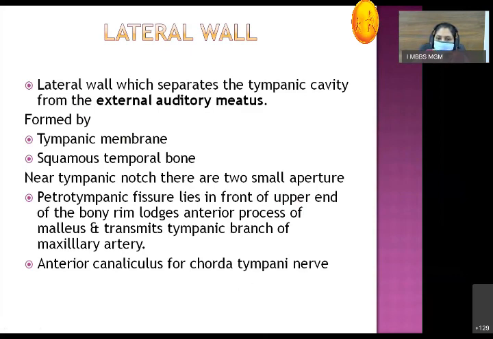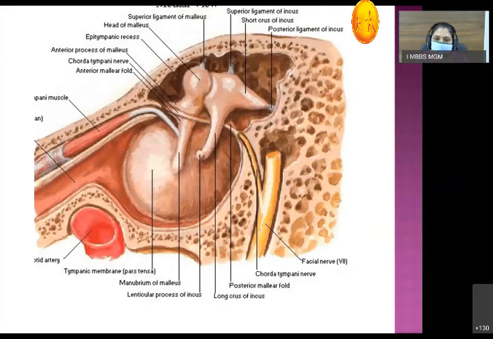Near the tympanic notch, there are two small apertures. The petrotympanic fissure, which lies in front and at the upper end of the bony limb, lodges the anterior process of the malleus. So this is the lateral wall of the tympanic cavity.